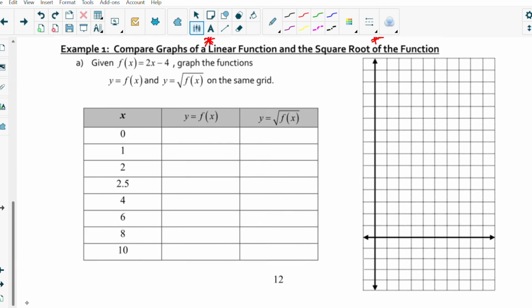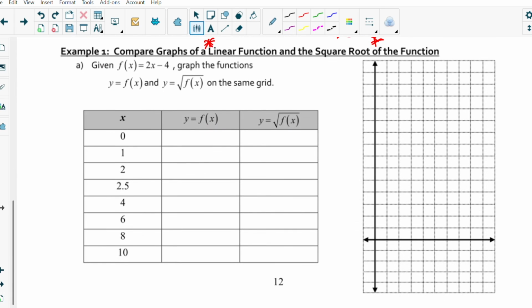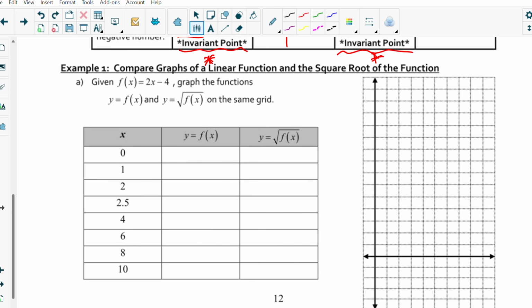And let's do an example. Example 1, compare graphs of a linear function and the square root of the function. So given f of x equals 2x minus 4, graph the functions y equals f of x and y equals square root of f of x on the same grid. So we are graphing this one right here. And then we'll do it in blue.